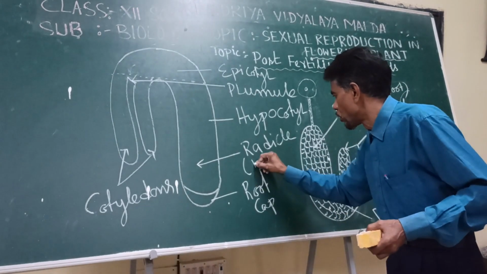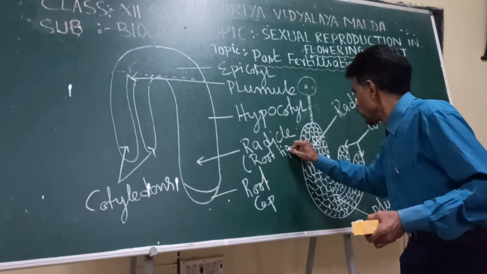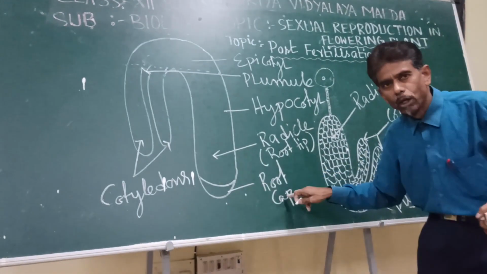The radicle or root tip is covered by the root cap.